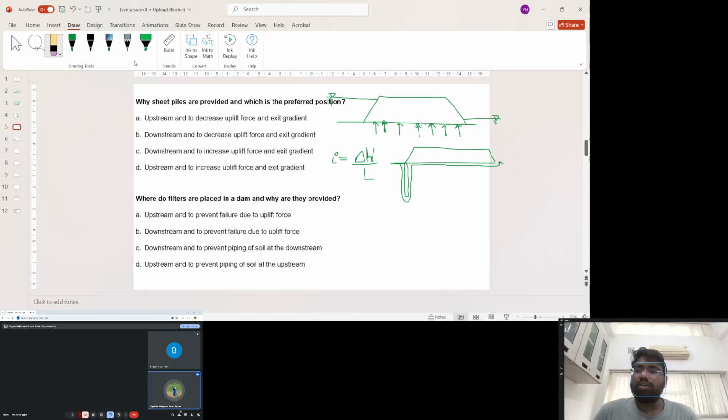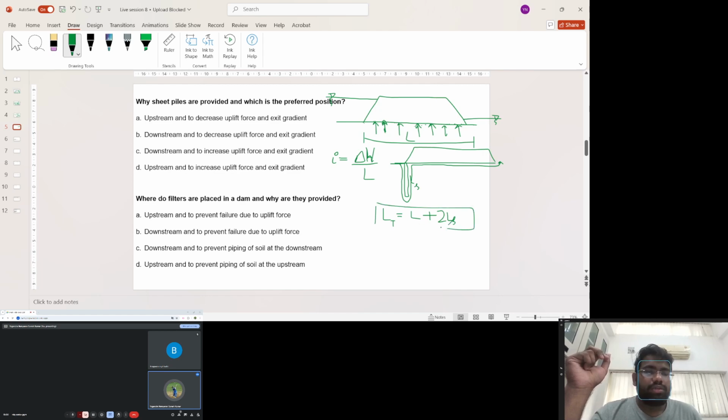This may not be exactly this way, but this corresponds to the first flow line. So earlier, when the length was just this much, now if we are inserting a sheet pile of length Ls, the total length of travel of fluid will be equal to L plus 2 times Ls, right?